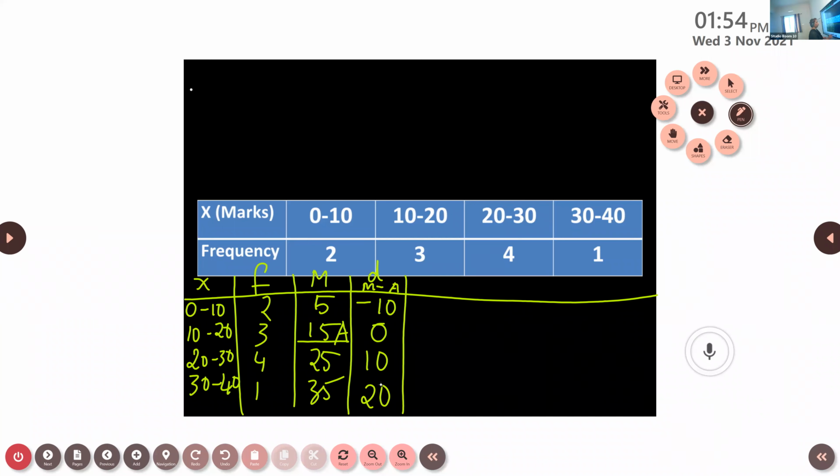Okay, now you got D. What should be the next column now? Anyone? D square. Okay. So find D square then.